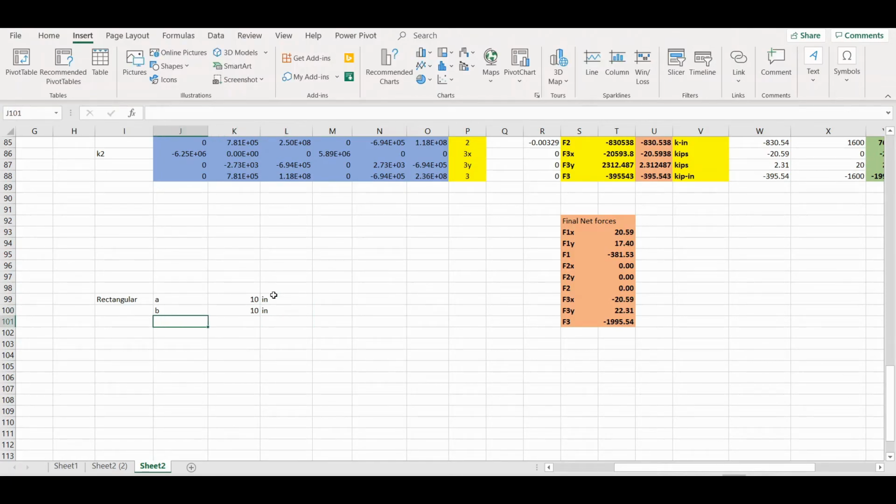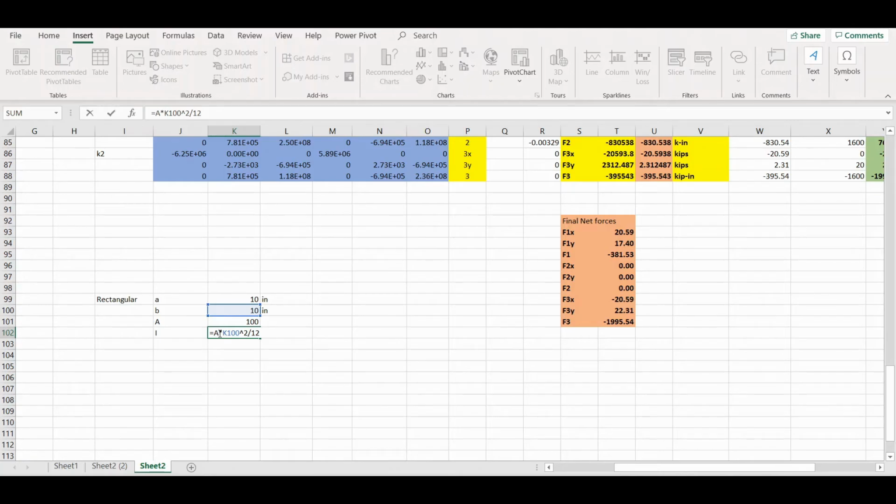Now area will be A times B, and our moment of inertia would be BD cubed by 12, which means it is equal to area into B square by 12.